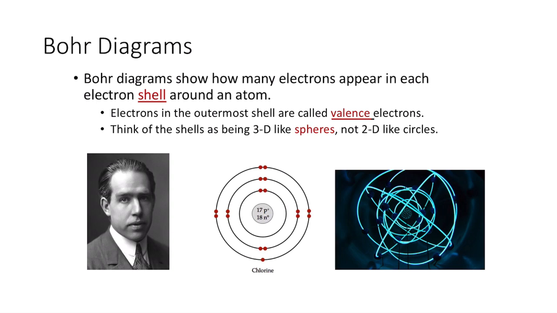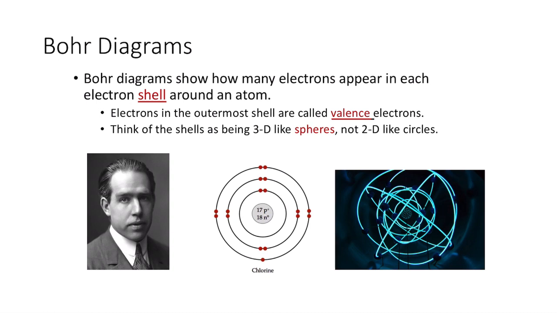Electrons in the outermost shell are called valence electrons, and these are what are involved in chemical reactions between the elements. Think of shells as being 3D-like spheres, not 2D-like circles. We just draw them as flat 2D structures to make it easier to draw.